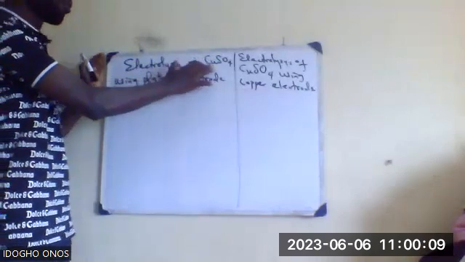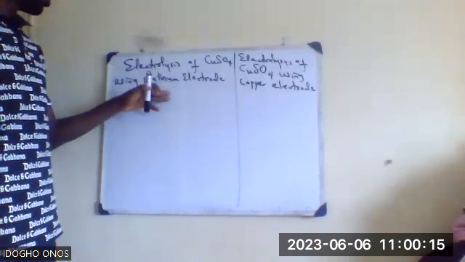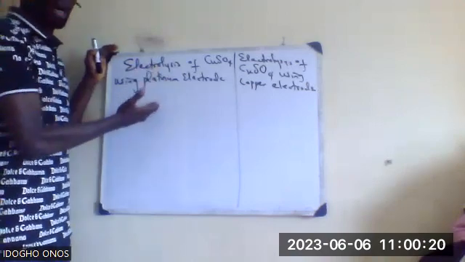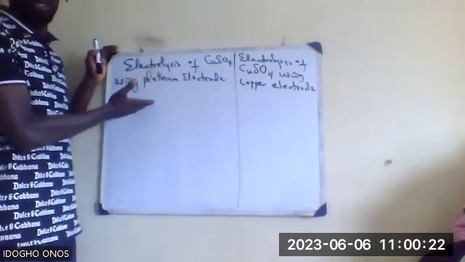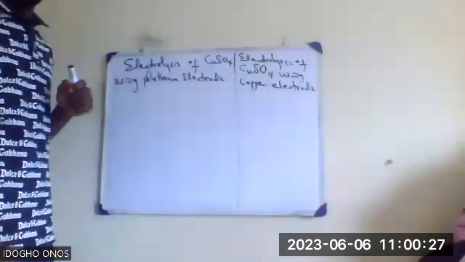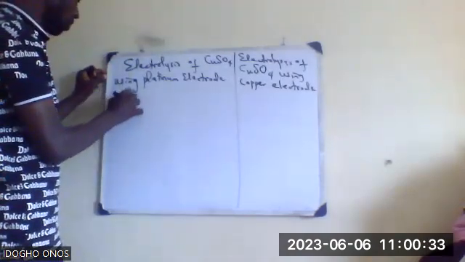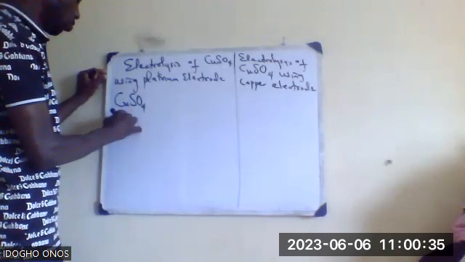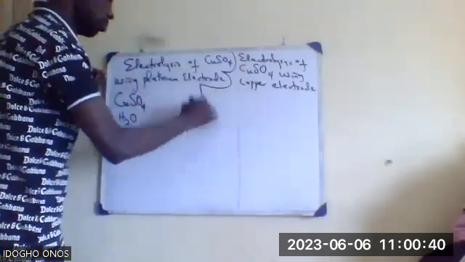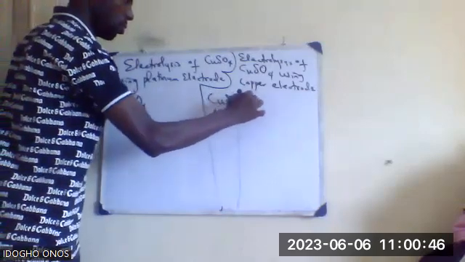Electrolysis of copper 2 tetraoxosulfate 6 using platinum, or sometimes I can also say using graphite electrode or carbon electrode, also applicable for this. Then this is electrolysis of CuSO4 using copper electrode. Let's quickly ionize. CuSO4, H2O.